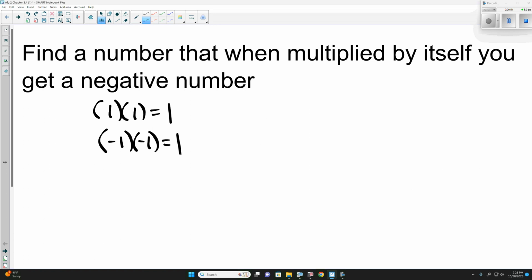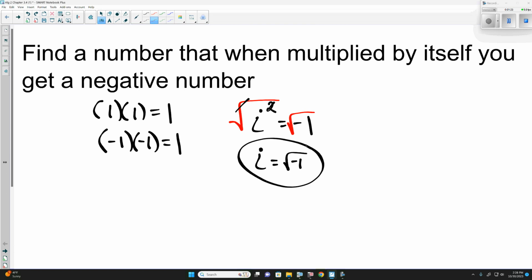Now, I'm going to imagine a number, we'll call it i. When we multiply it by itself, when we square it, we get negative 1, because really that's what we're looking for. So if we take the square root of it, we're saying that i, in this case, is the square root of negative 1.